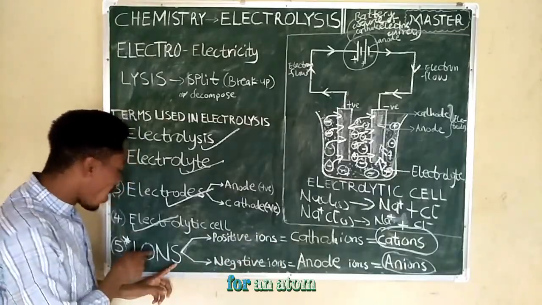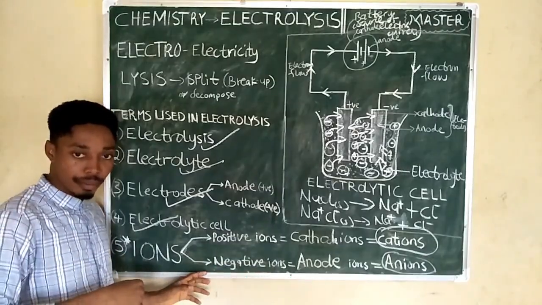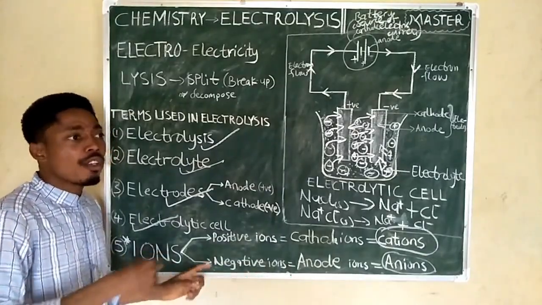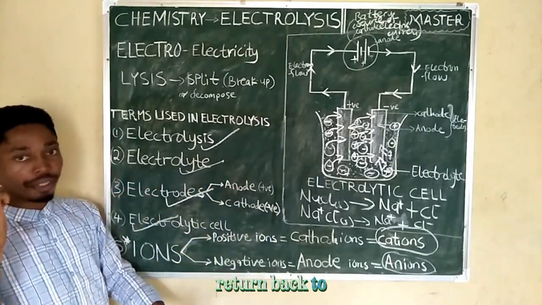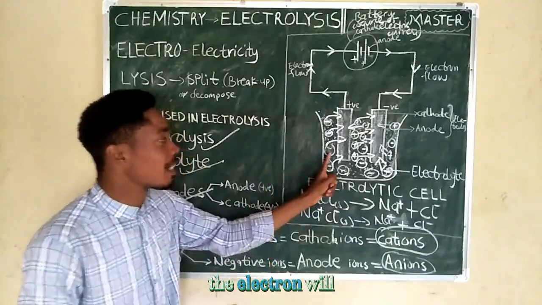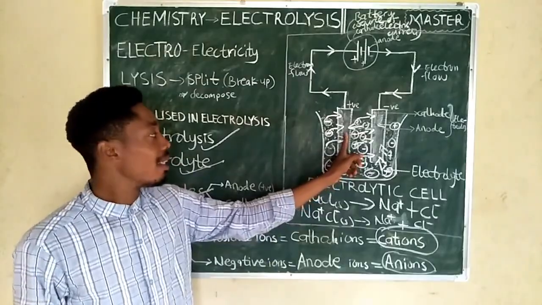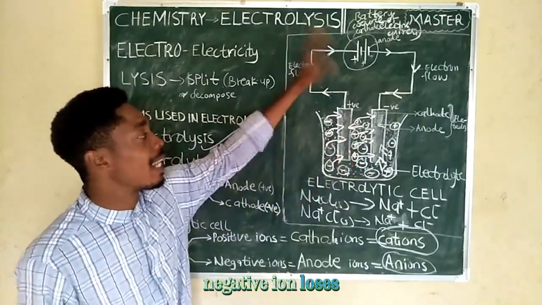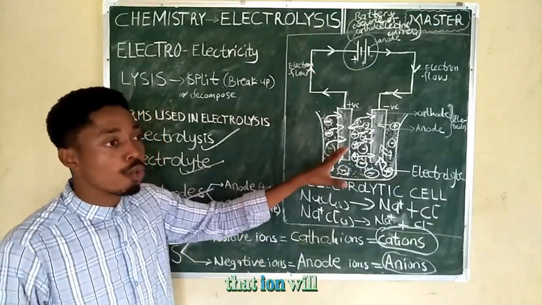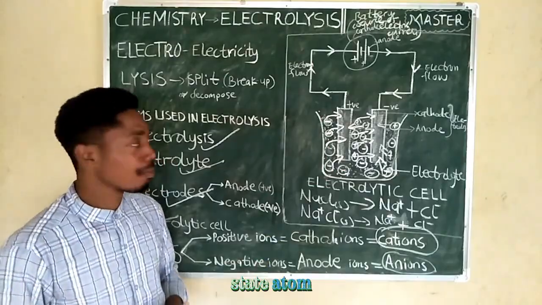Remember, for an atom to be negatively charged, it has to gain electron. For it to return back to its ground state, it has to lose an electron. That is why the negative ion will lose electron at the anode. And when the negative ion loses electron, that ion will become a ground state atom.